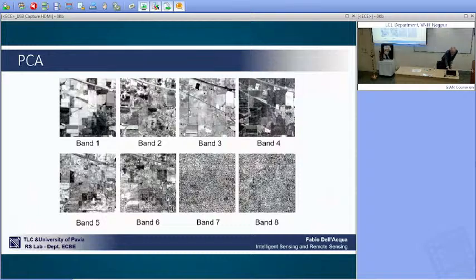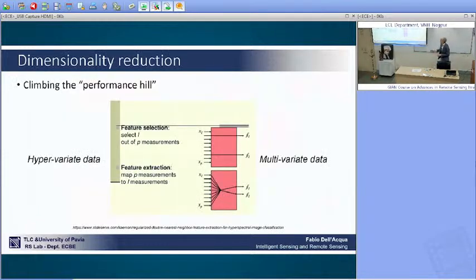So PCA is in the domain of feature extraction. So the disadvantage of feature extraction is that since you're mixing up everything, you don't know anymore what physical phenomenon has determined this band. Whereas in feature selection, where you kill a number of bands and you retain only the most relevant ones, these relevant ones which survive are still linked to specific wavelength.